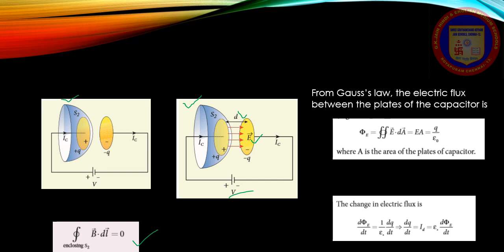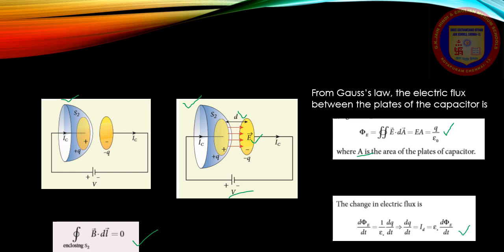In other words, the time varying electric flux existing between the plates of the capacitor also produces a current known as displacement current. From Gauss law, the electric flux between the plates of the capacitor, phi E, is equal to the integral of E dot dA, which is equal to EA, which is equal to Q by epsilon naught, where A is the area of the plate of the capacitor.